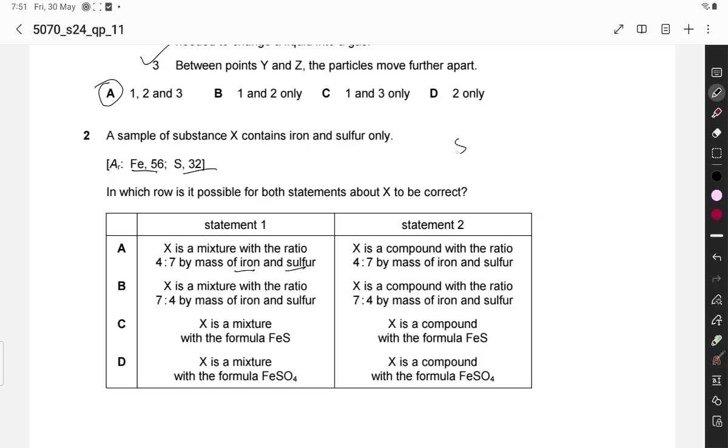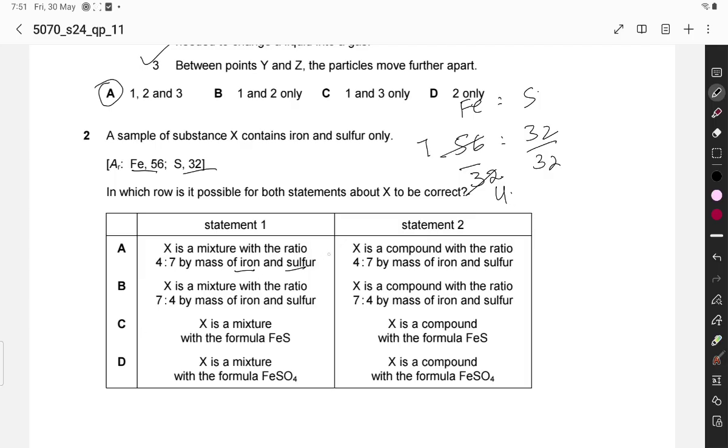So iron mass is 56 and sulfur mass is 32. This is equal to 7, this is equal to 4. By simplifying the ratio of mass, that is 7:4.